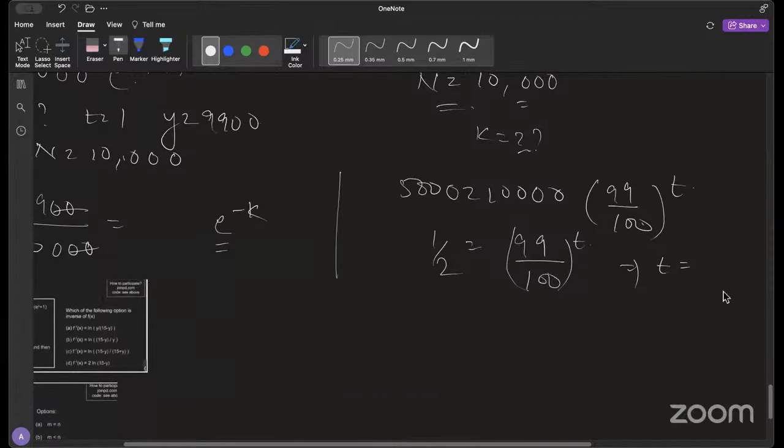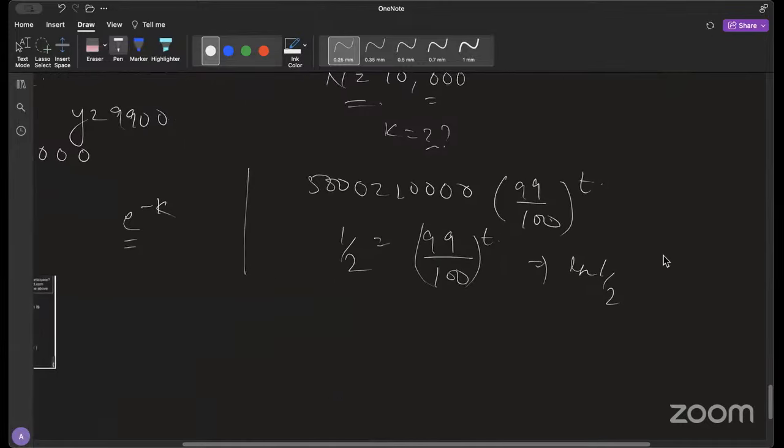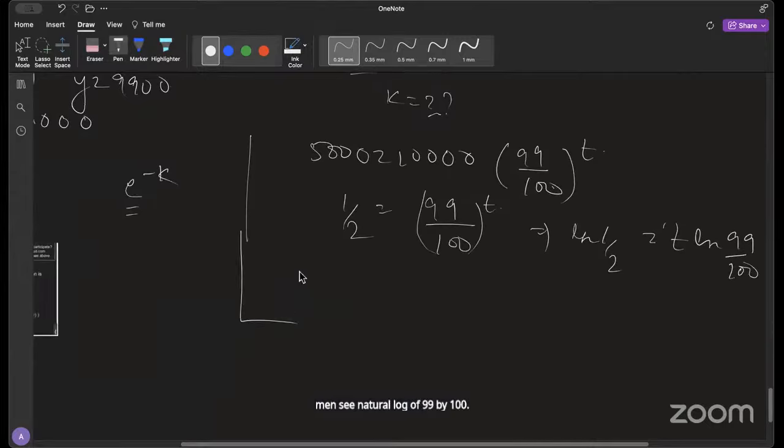Now you'll have to take natural log on both sides. We'll have natural log of half, and then t natural log of 99 by 100. So your t becomes natural log of half by natural log of 99 by 100.